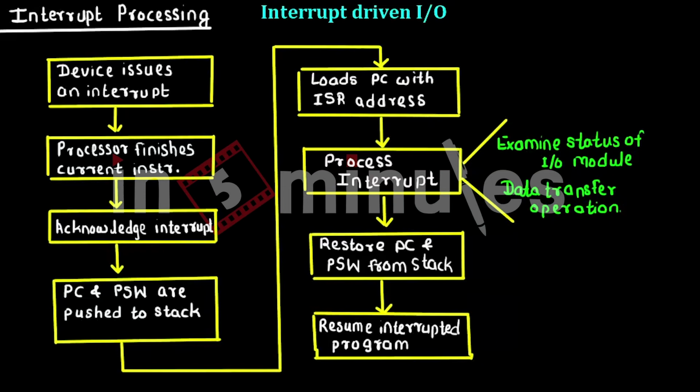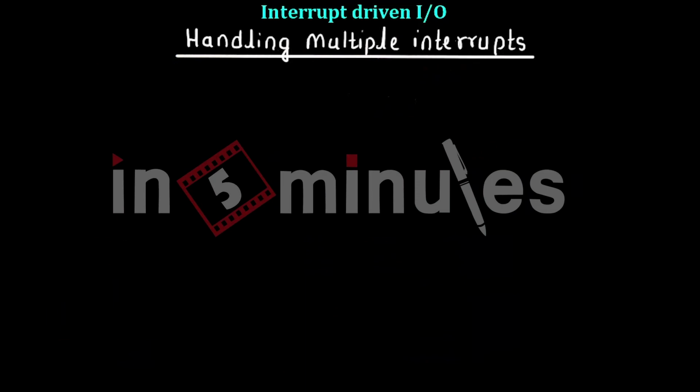So we have seen the interrupt processing for a single IO module device. Now what if there are multiple devices present and they are going to generate multiple interrupts? So let's see how the processor handles multiple interrupts.